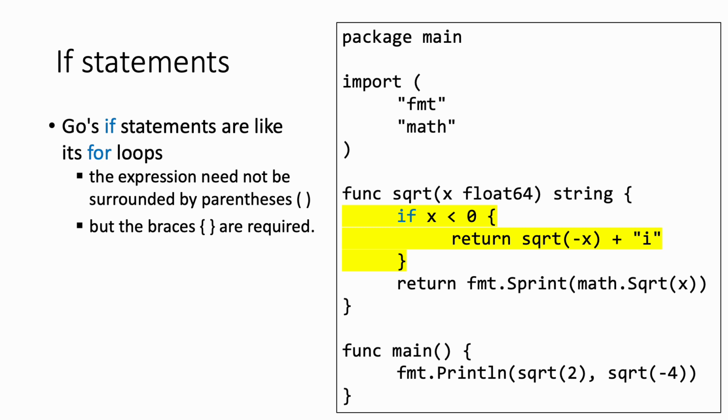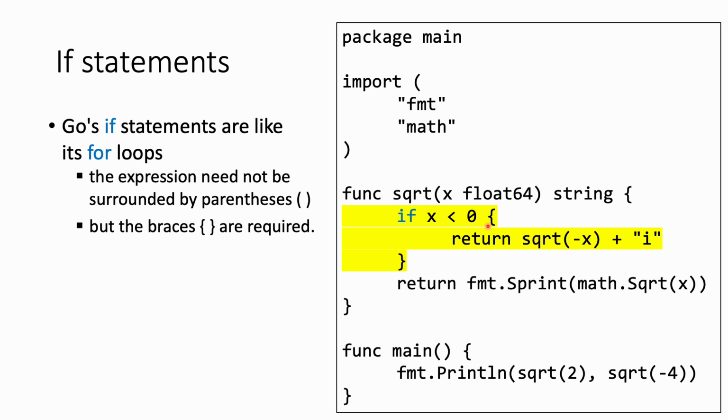The if statement in Go works very straightforwardly. It starts with the if keyword, then followed by a conditional expression or Boolean expression, and then followed by the body of the if statement.